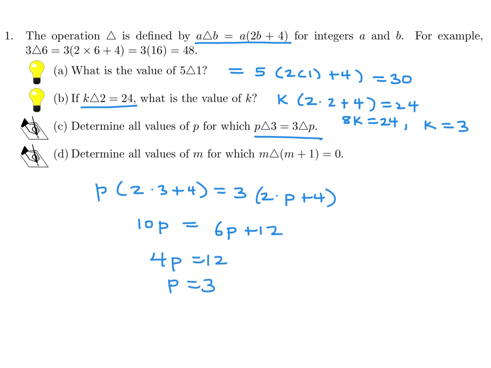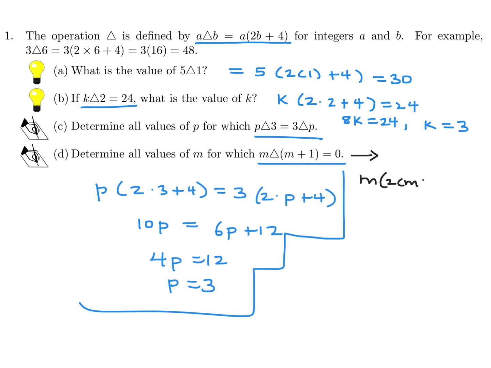And finally, determine all values of m for which m symbol m plus 1 is equal to 0. All right, so let's do that. We've got m times 2 times m plus 1 plus 4, and that is equal to 0.